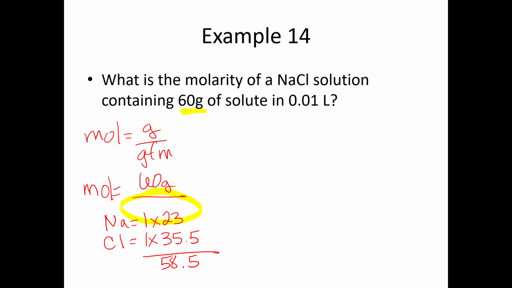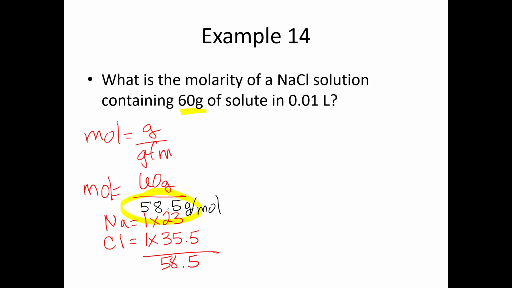Okay. I'm going to just change my ink color for you for a second, to make things a little bit easier to see. So I've got my 58.5 grams per mole. And when I calculate that out, 60 divided by 58.5 is going to give me, oh, I need a calculator.